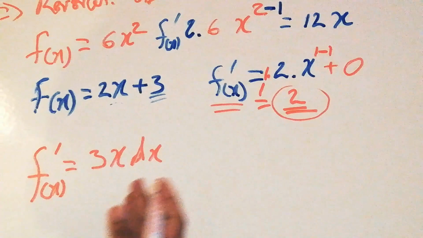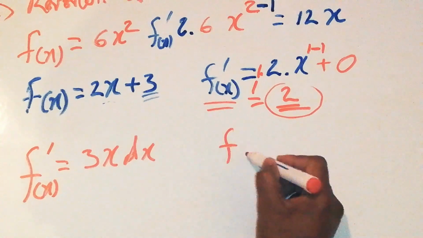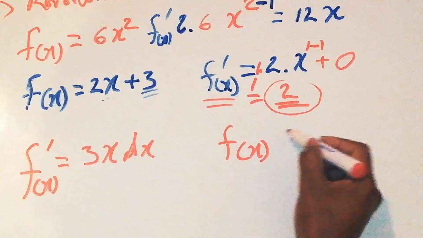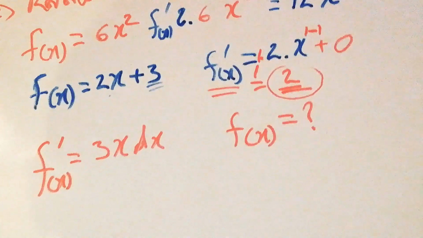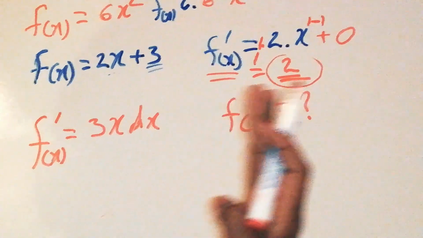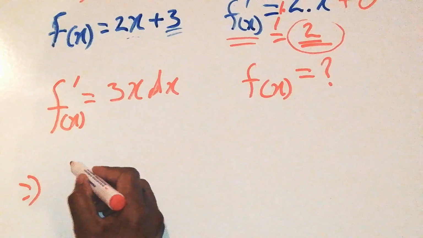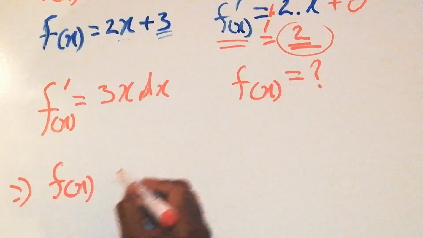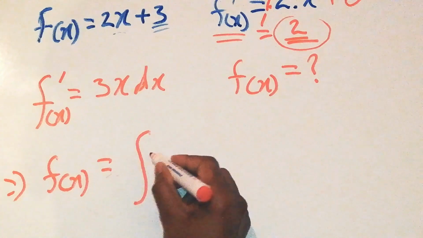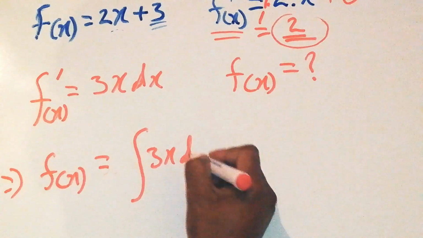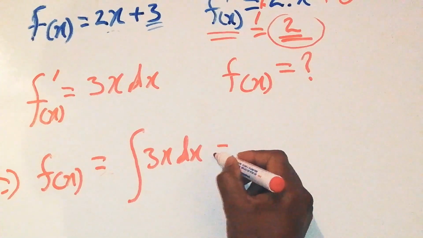What integration does is to find what f(x) was. So now if I want to find that, that's what I call integration. So I come here, I say f(x) is equal to the integral of 3x dx.